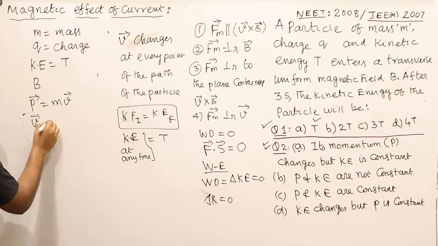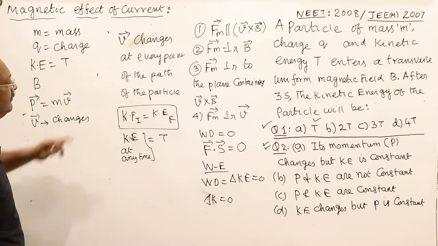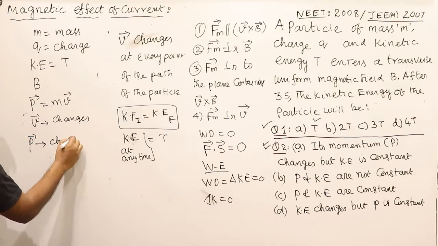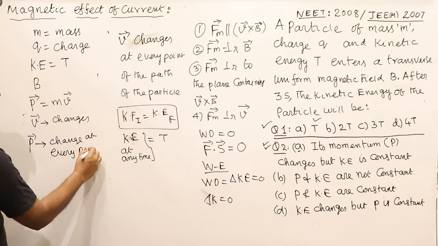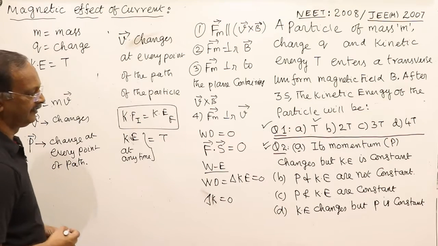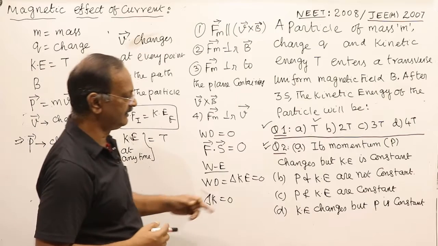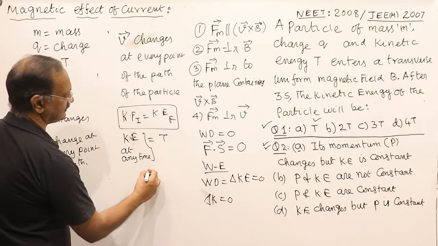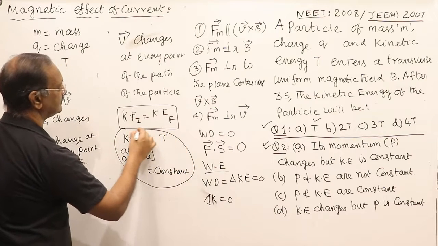Since velocity changes at every point of the path of the particle, momentum also changes at every point. So its momentum changes, but kinetic energy is constant.